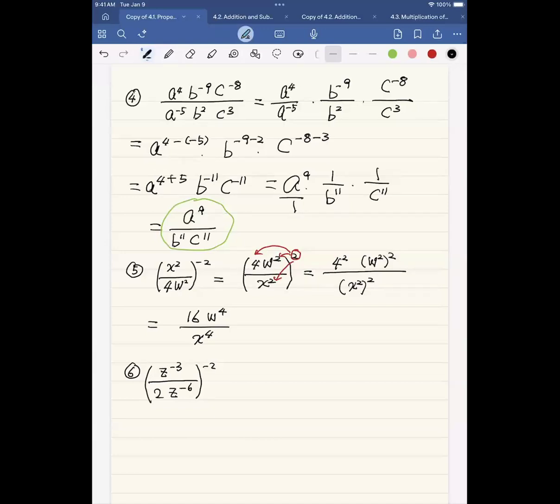The next problem is also a similar pattern. We have a negative power, so we will reposition the numerator and denominator by flipping.